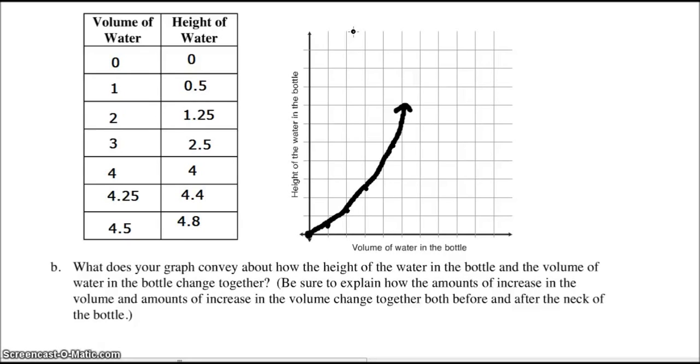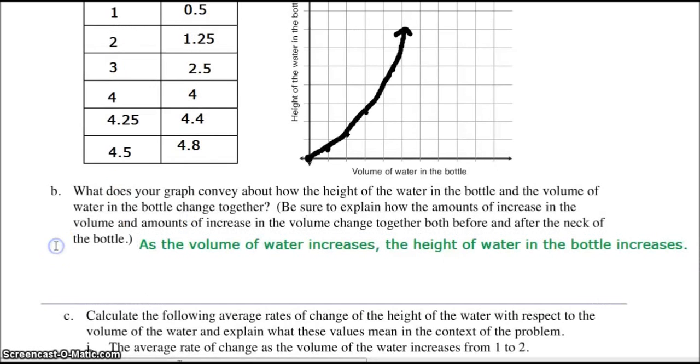So I'm sure that should be height and volume. So as the volume of water increases, the height of the water in the bottle increases. That's pretty obvious. Also, be sure to explain how the amounts of increase in the volume and the amounts of increase in the height change together, both before and after the neck of the bottle.